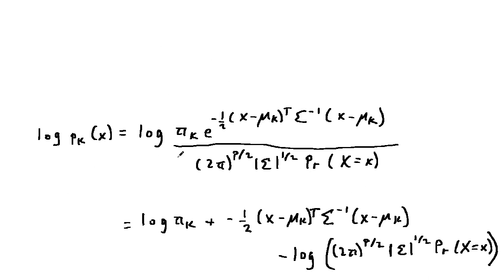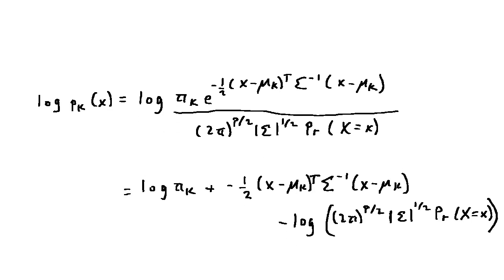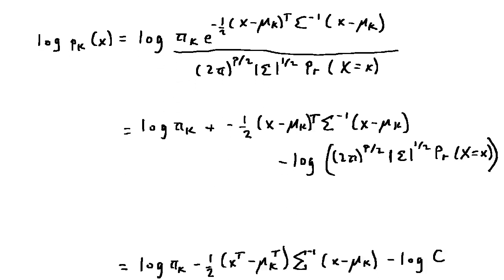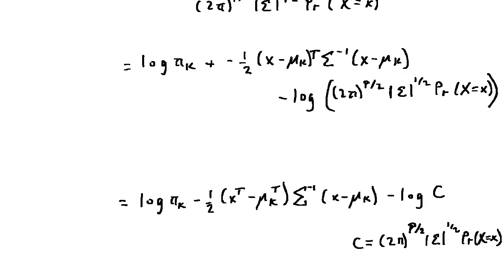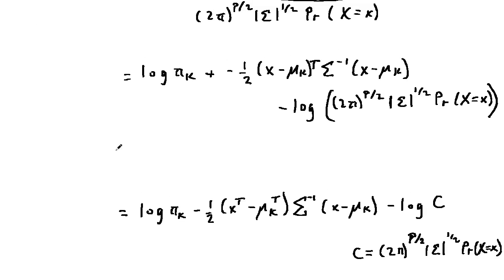And now breaking this up, we get log of pi sub k plus log of this minus the log of the denominator. Now that's equal to this minus log of c, where we let c be all of this stuff. So that's this.